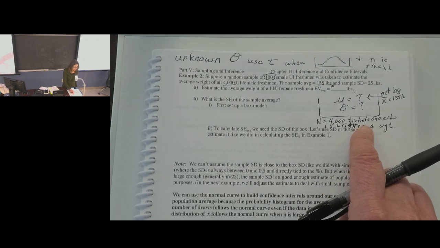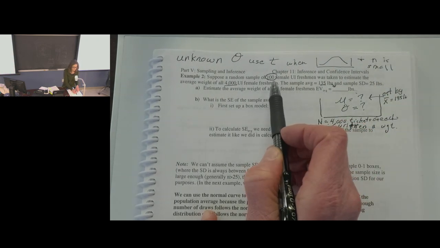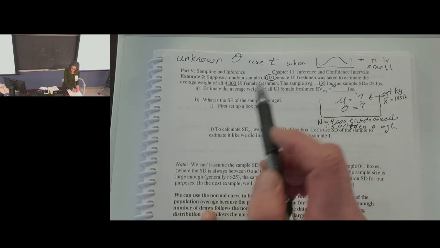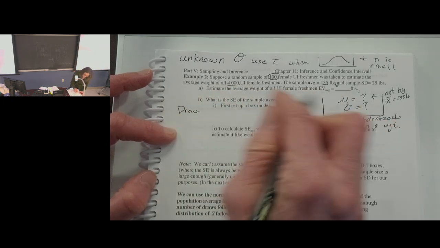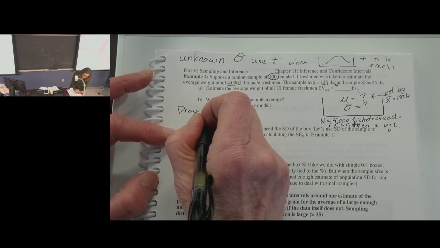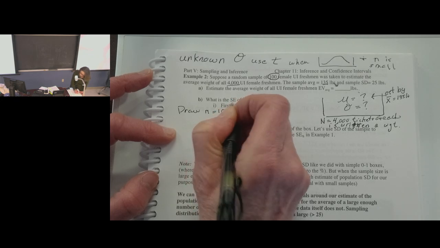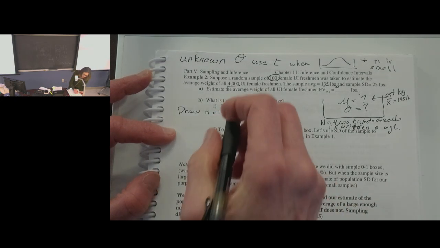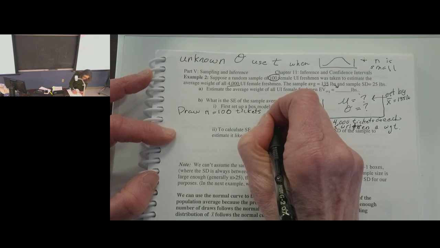It's not quite normal. But because of the central limit theorem, it's close enough, and we have this big sample size here. What is it? To picture what's going on, we draw randomly from this box, n equals 100 times, getting separate tickets without replacement.